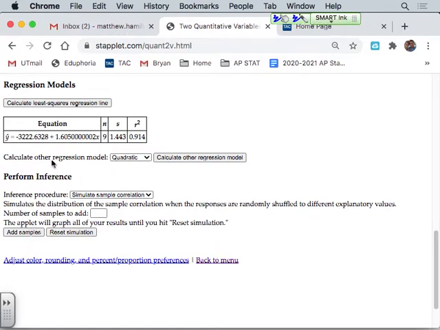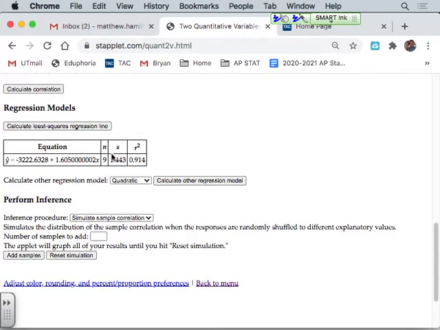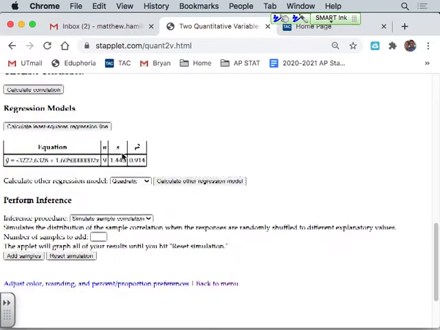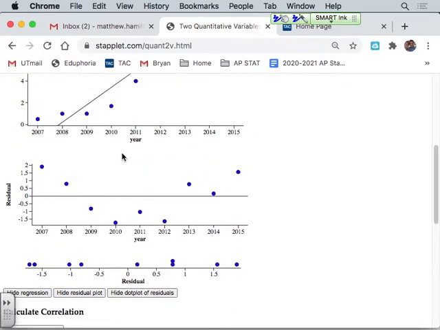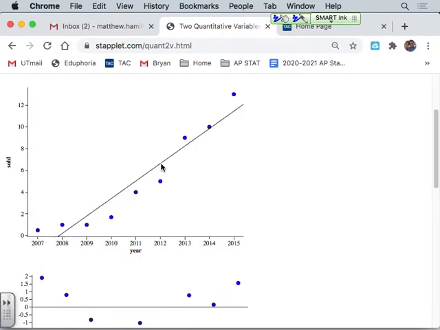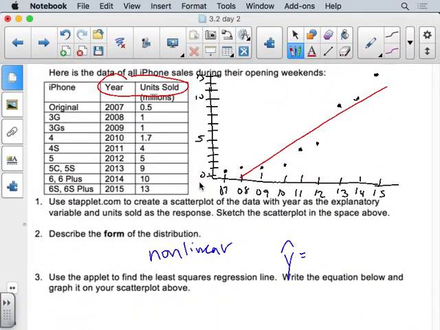So there's our equation, and it gives us an S and an R squared, which we're going to talk about. And then there's that line. So y hat equals negative 3,222.633. It is important that you put y hat, or you could put the units sold hat.